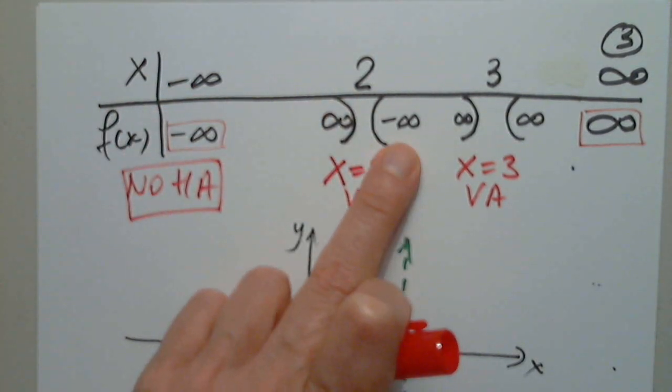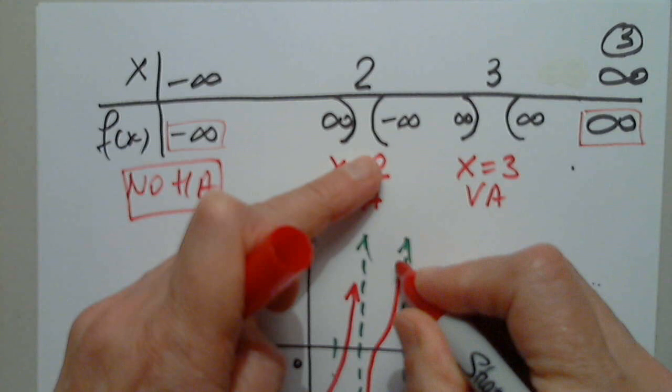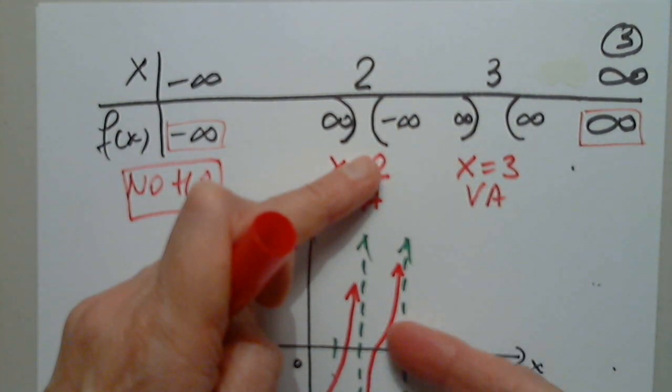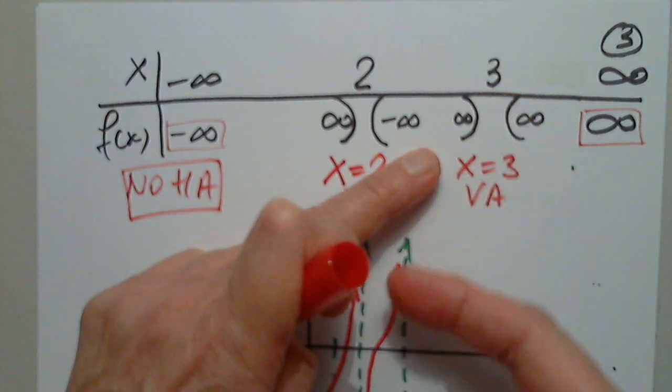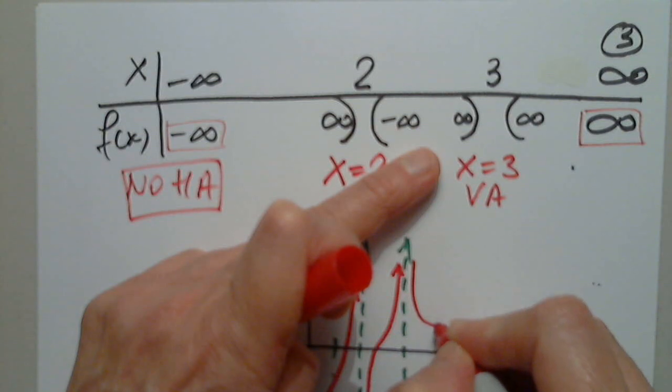On the right-hand side of 2 it is coming from negative infinity, and it's going to positive infinity. Okay, fine. So on this side it is coming from negative infinity, but on the left-hand side of 3 will go to infinity. And then here, from infinity to infinity.